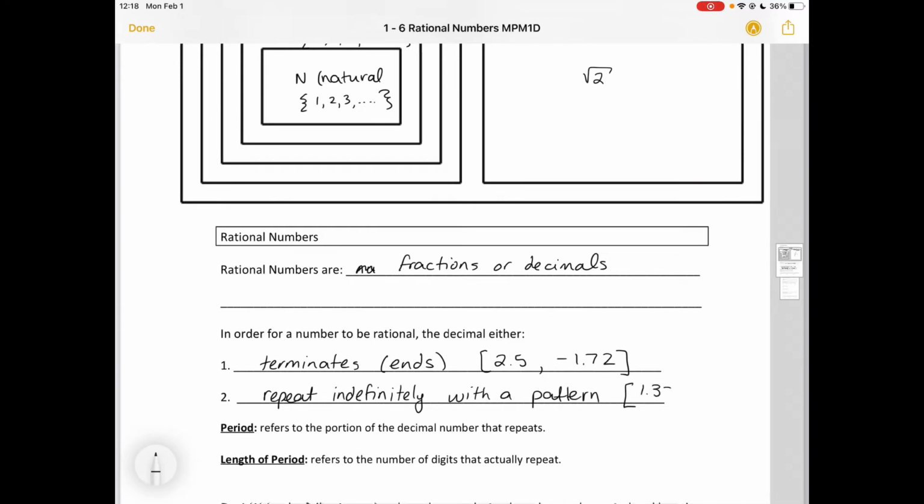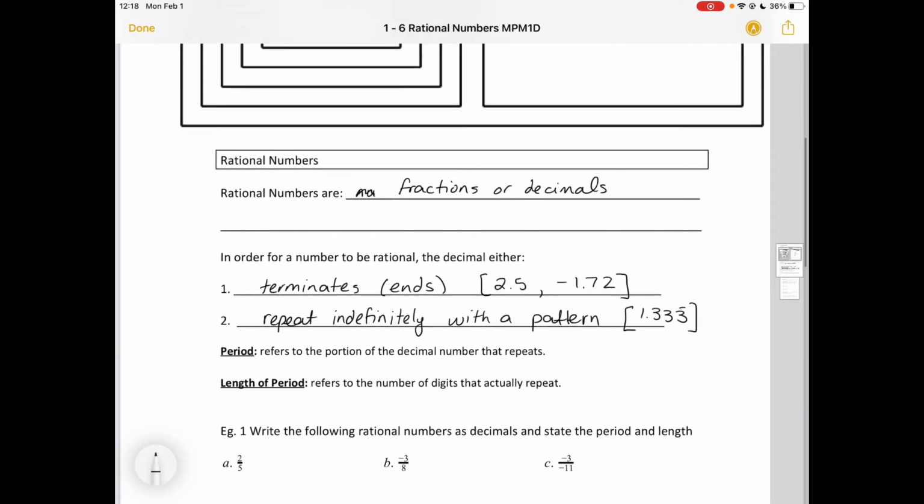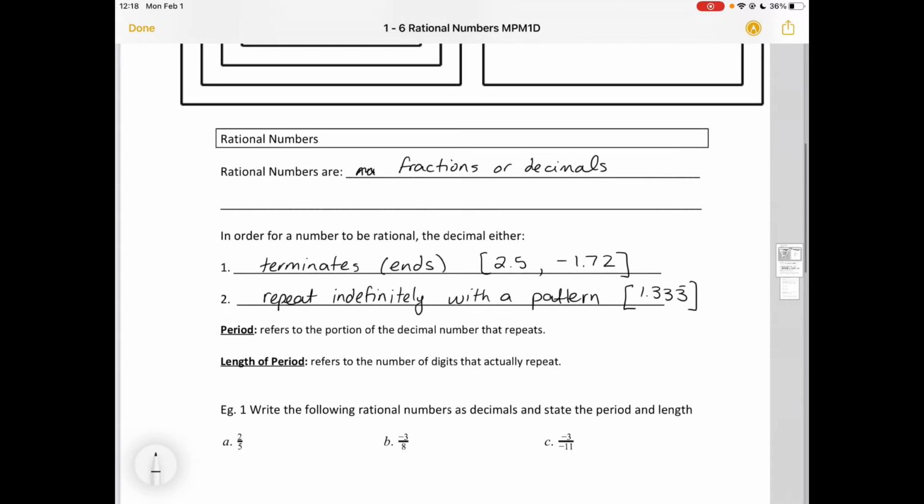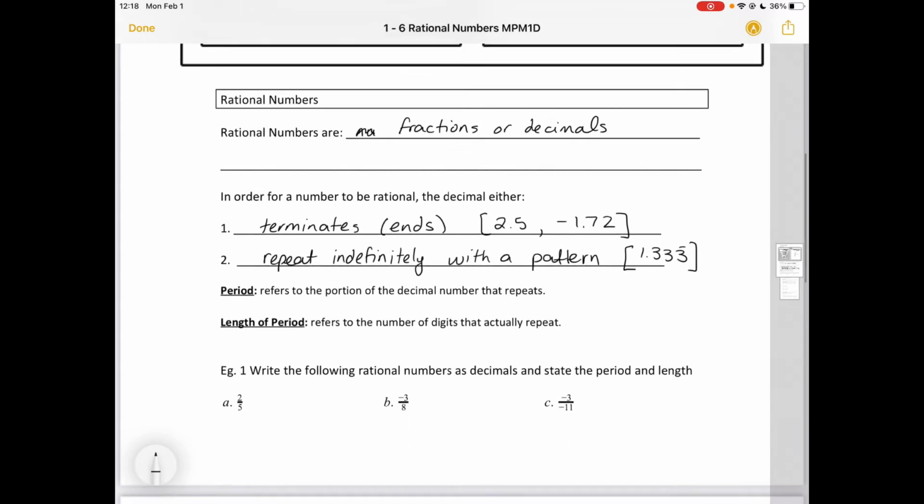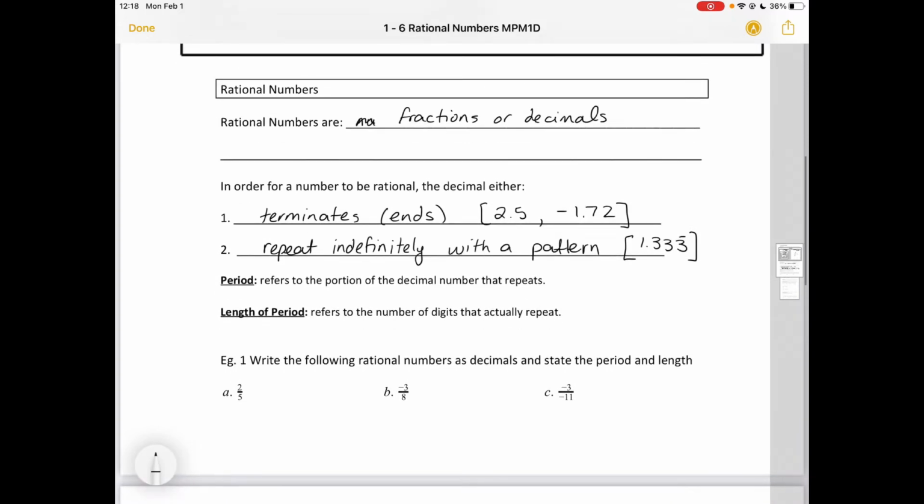So something like 1.333 repeating. The period refers to the portion of the decimal number that repeats, and the length of the period refers to the number of digits that actually repeat. So we'll do some examples of that before we move on.